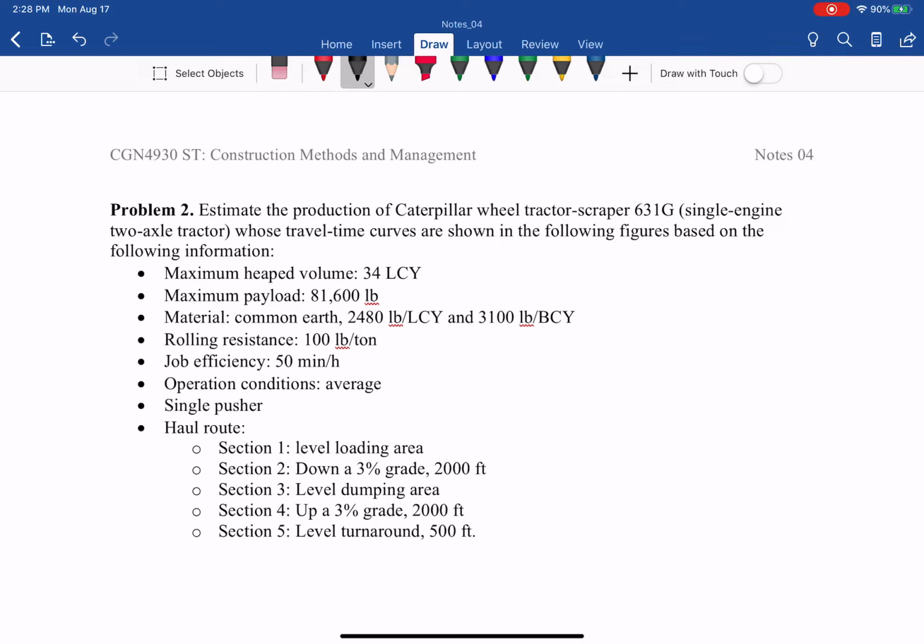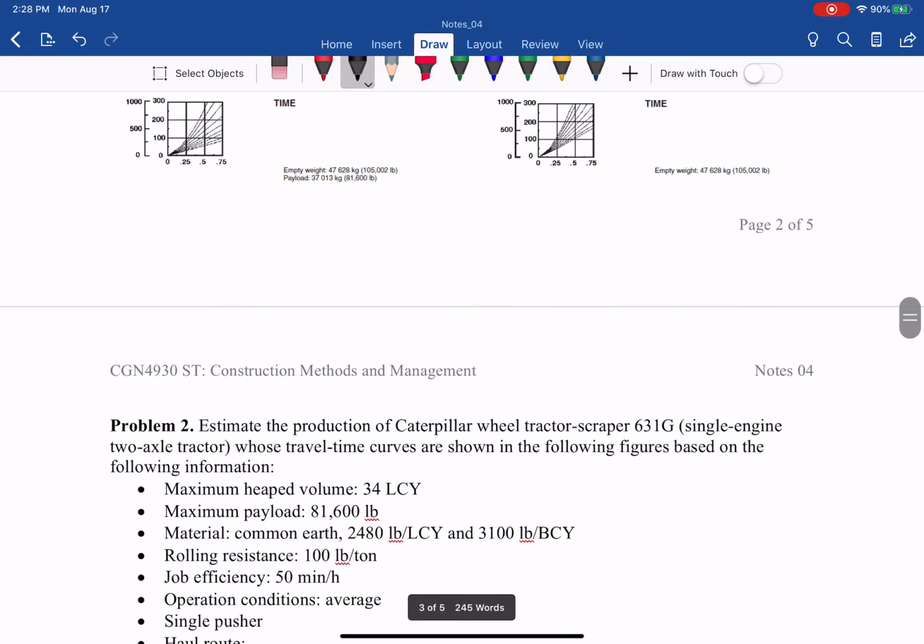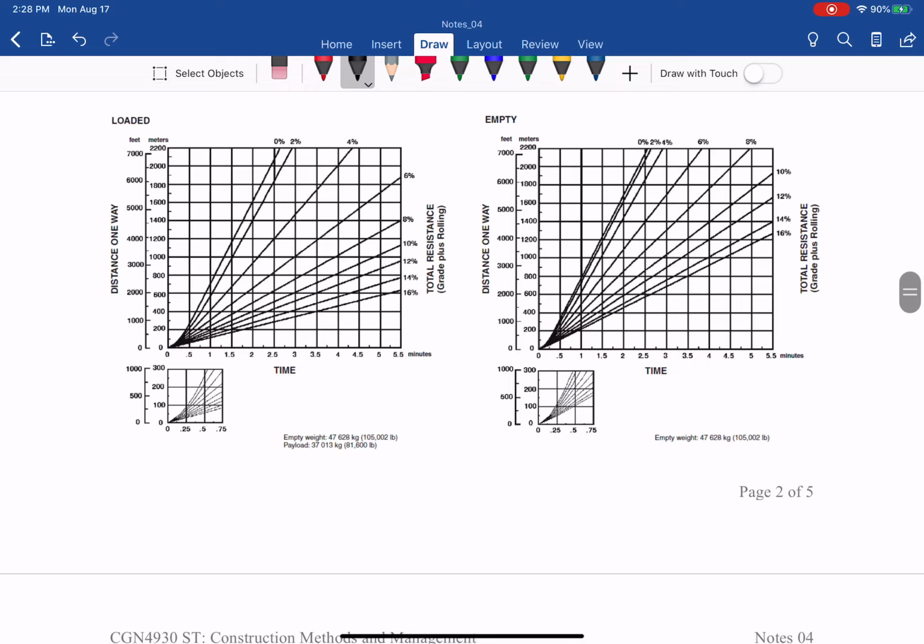Estimate the production of a Caterpillar wheel tractor scraper 361G, single engine, two-axle tractor. What is that about? Go to the previous video; we have all of that. The travel time curves are shown in the following figures. Those are the travel time curves for two scenarios, loaded and empty.